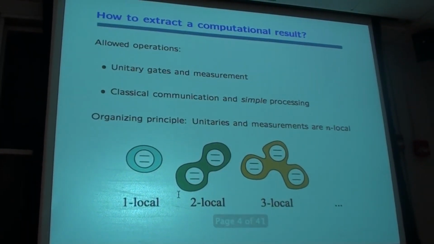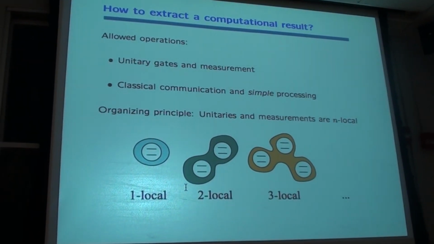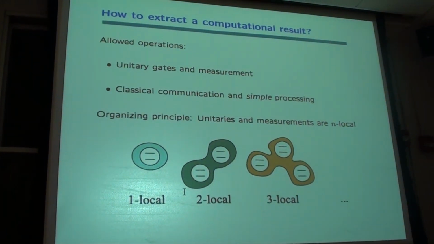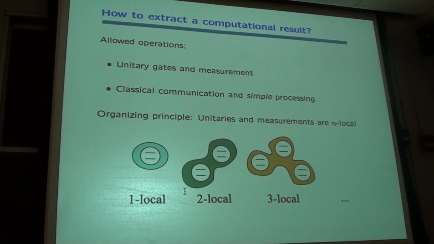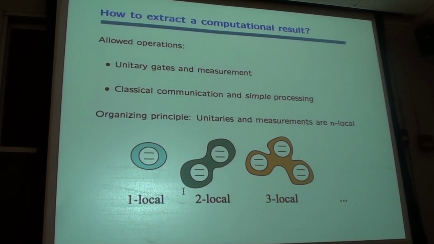Let us begin with the question of how the question of computational power of quantum states even makes sense. I mean, there's a quantum state sitting here that doesn't do any computation per se. So if I want to compute with the state, I need to supplement the state with operations by which I communicate with that state.